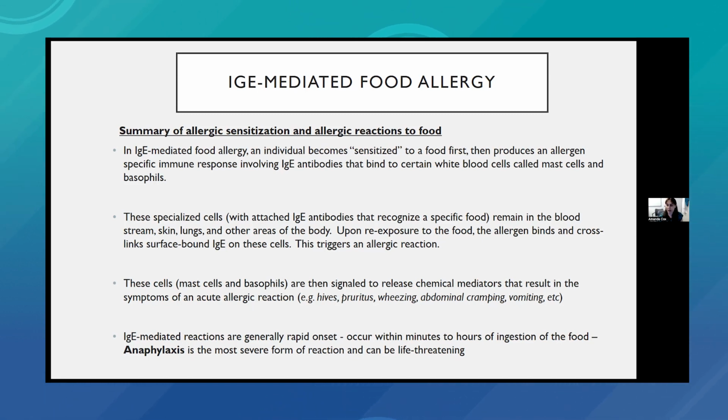The allergic reaction happens because these mast cells and basophils are signaled to release the chemicals that result in the allergic reaction symptoms. The chemicals include histamine and other things. And the symptoms that result are hives, itching, wheezing, sometimes abdominal cramping, vomiting, et cetera. And I'll go through that again too.